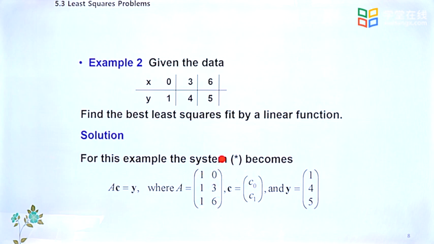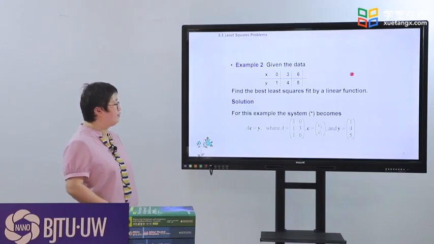The second column comes from the x values, 0, 3, 6. And C, the unknown coefficients C0, C1, are the coefficients for the linear function. And Y, the right-hand side vector, is 1, 4, 5.